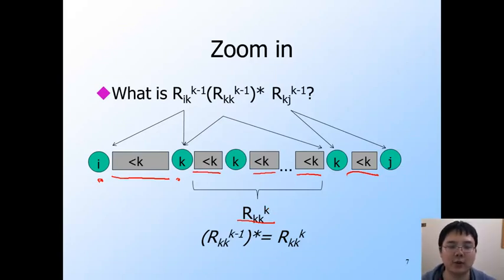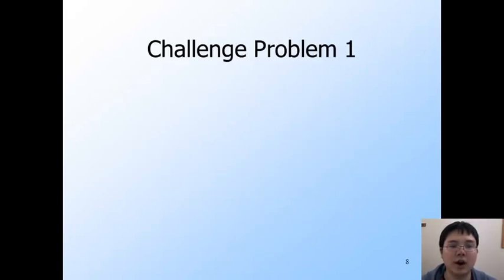In spite of the equivalence, we pick Rkk, k minus 1 star because this will give us a formula where quantities with a higher superscript will always only depend on quantities with lower superscript, which makes the implementation and understanding much easier. Lastly, we will show our solution to the first challenge problem.